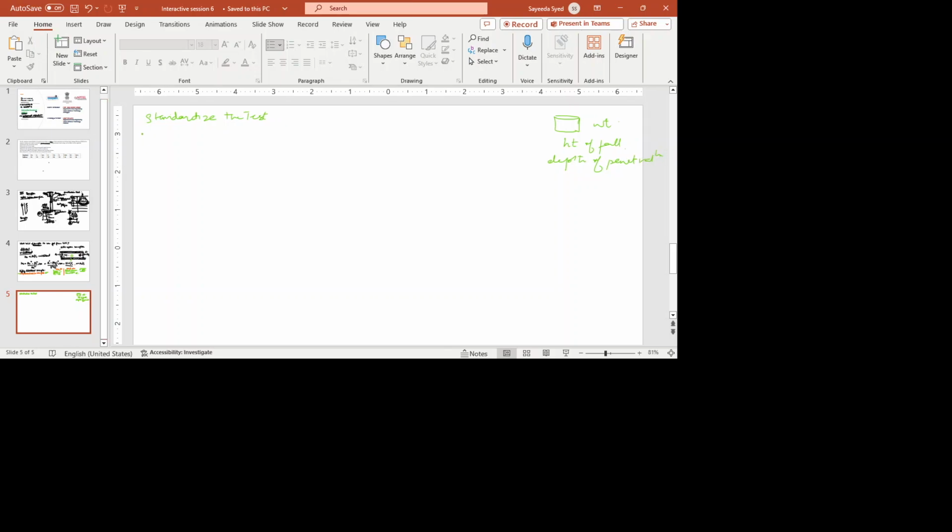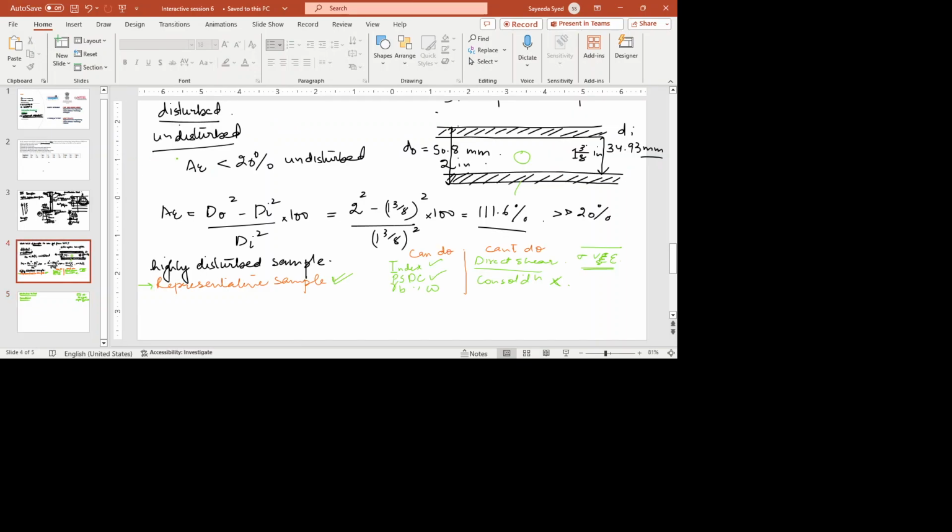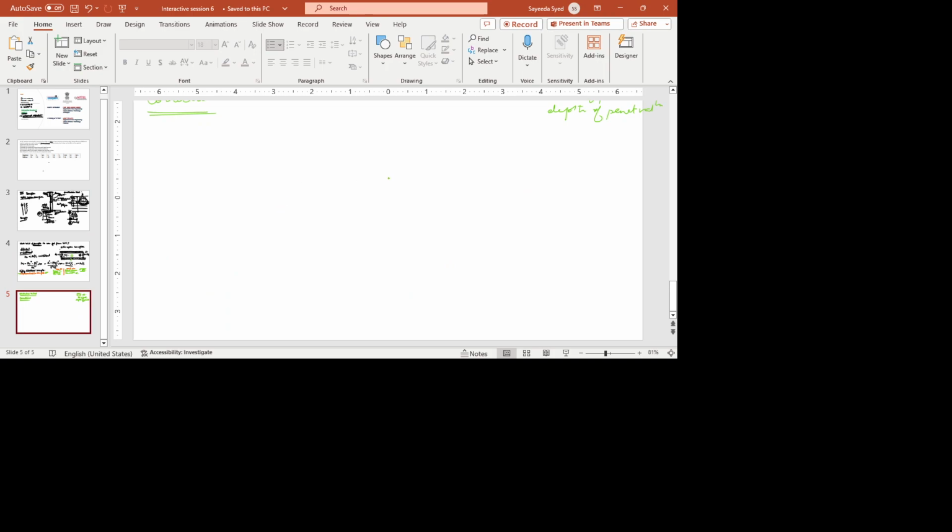Now, there are some things that may be different in different tests. So, in order to standardize the test further, we have some corrections. Let's talk about the corrections of the equipment first, and then we can talk about the corrections of the soil. If there is a different type of soil, we will have a different type of correction. But let us talk about the correction of the equipment first.